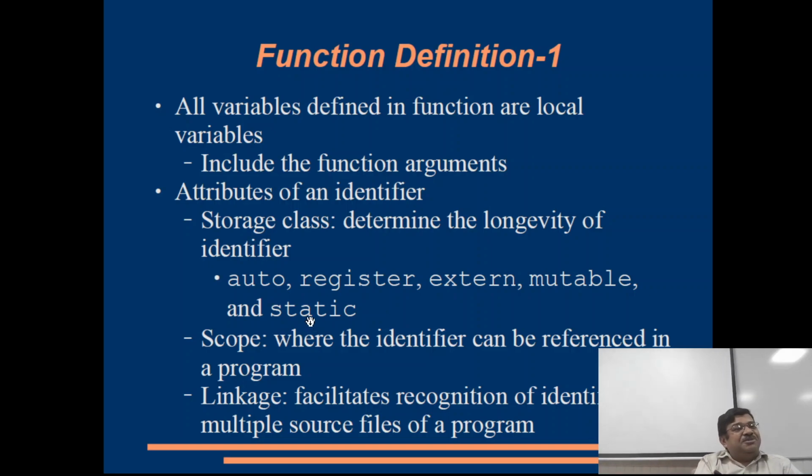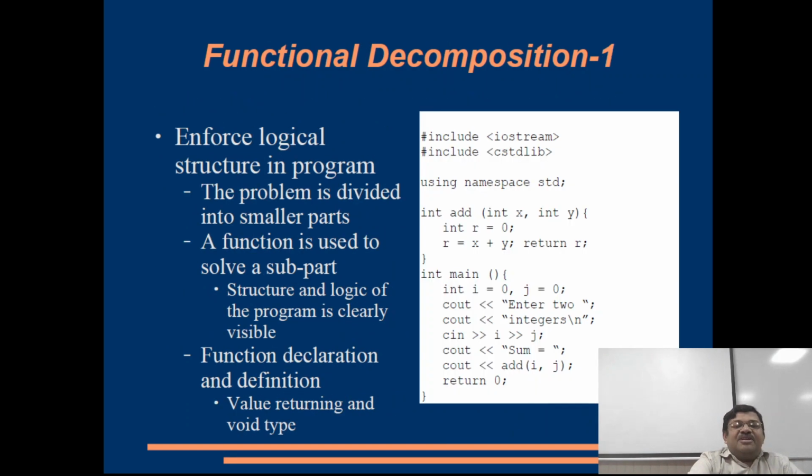Static keyword actually keeps the identifier value alive between various calls of the function. Just a little while back, I told you that if I use this integer r, it will be created every time function add is called, and it will be destroyed once the control is returned back to main.